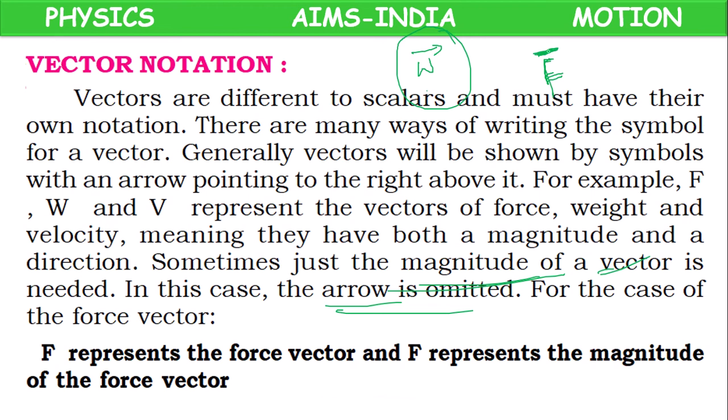So F with a bar and arrow mark represents the force vector, but only F bar without the arrow mark represents the magnitude of the force vector.